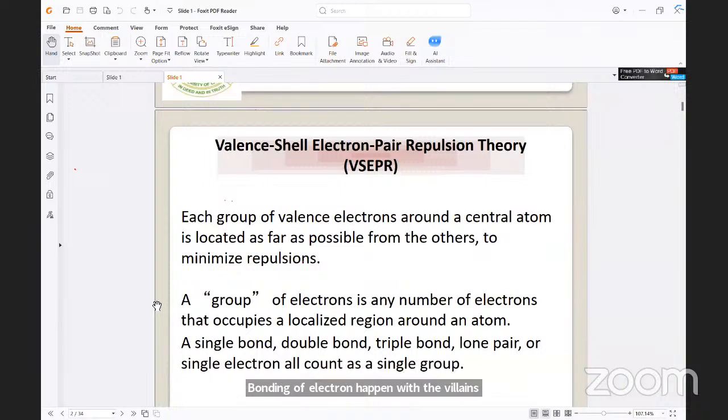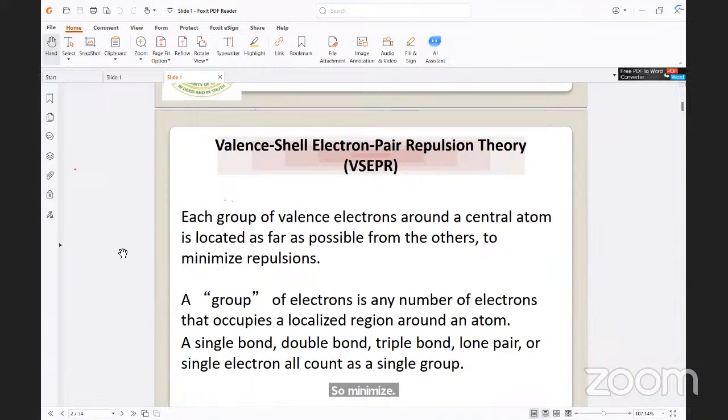Now, the theory explains that in the valence shell, the electrons repel each other. The electrons do not want to stay with each other, so they repel each other. So each group of electrons or valence electrons around a central atom is located as far as possible from the others to minimize repulsion.